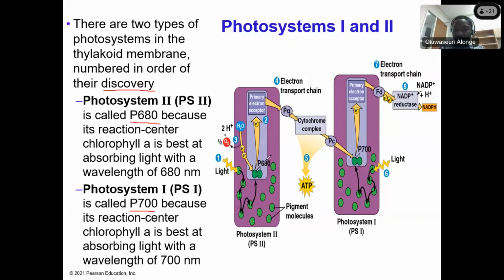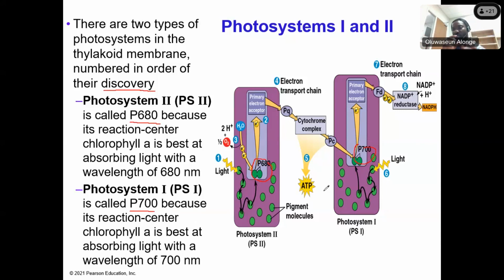Now, so you see here P680 and P700, which is photosystem 2 and photosystem 1. Both of them have the same orientation. There's a reaction center, which is where you see chlorophyll A, and there is the antenna complex or light harvesting complexes, which propagate the sunlight to get to the reaction center. Sunlight doesn't hit the reaction center directly.